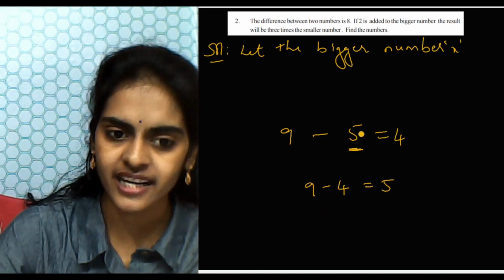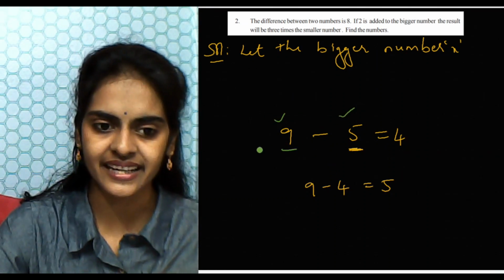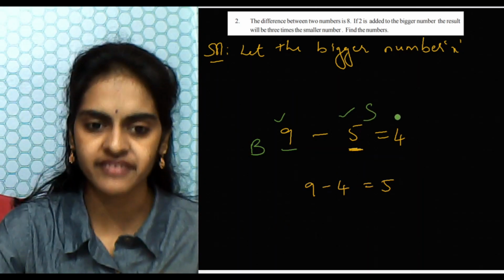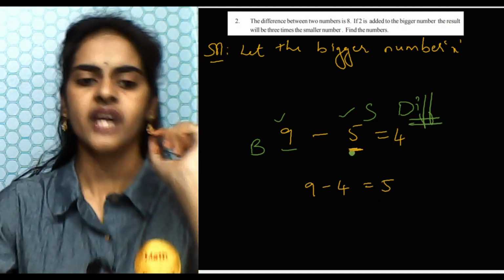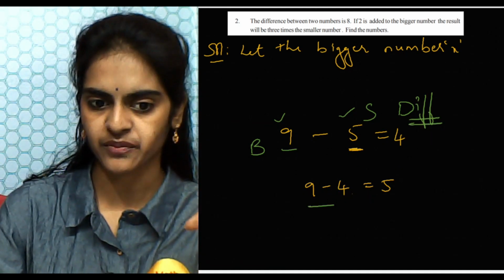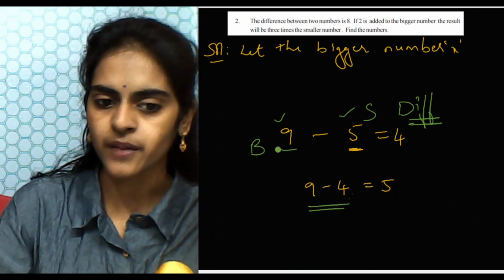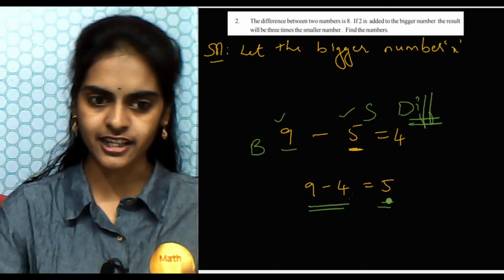Just see, 9 is the bigger number and 5 is the smaller number. The difference is 4. Now if I subtract the difference, 9 minus 4, from the bigger number, will I get the smaller number? Yes, I will. Understood this point?